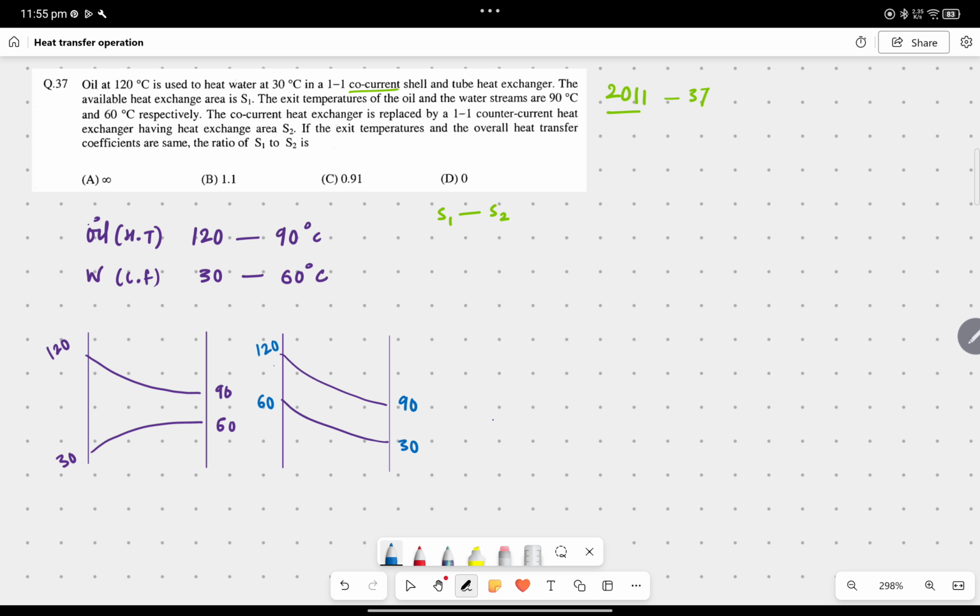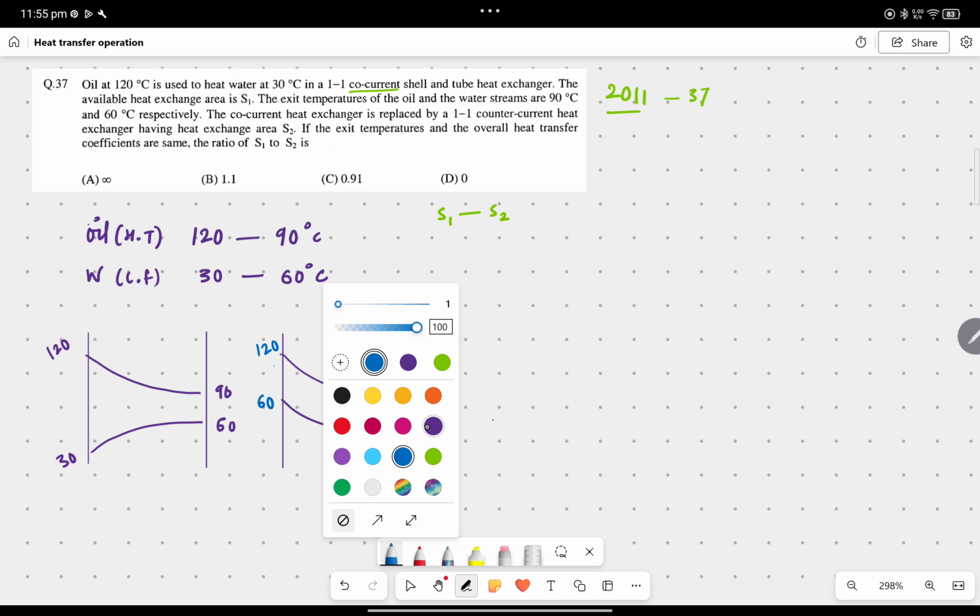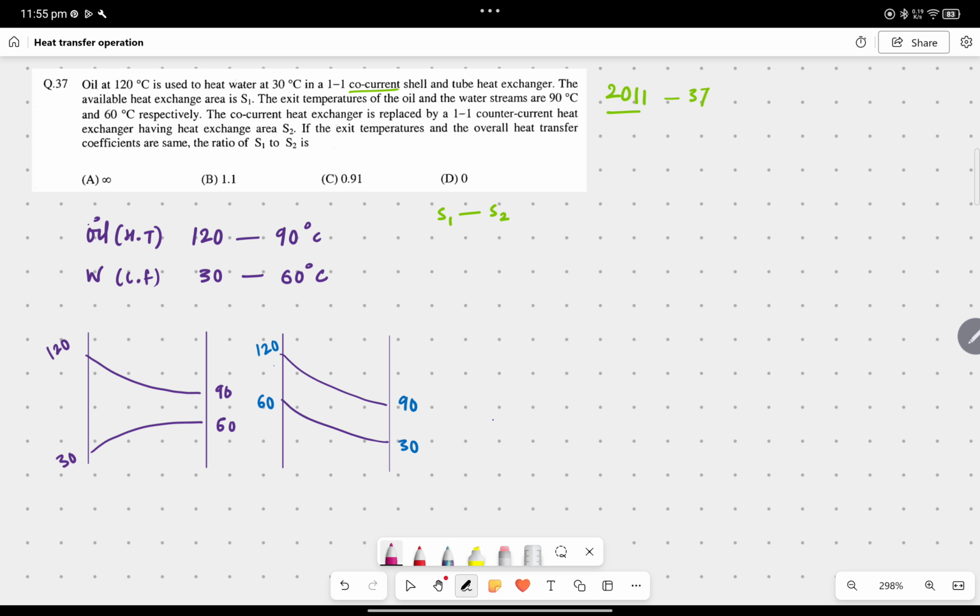Okay, right? So now we have to calculate the LMTD, and then use Q equal to UA delta T, with U the overall heat transfer coefficient. By using that equation we can calculate further, right?